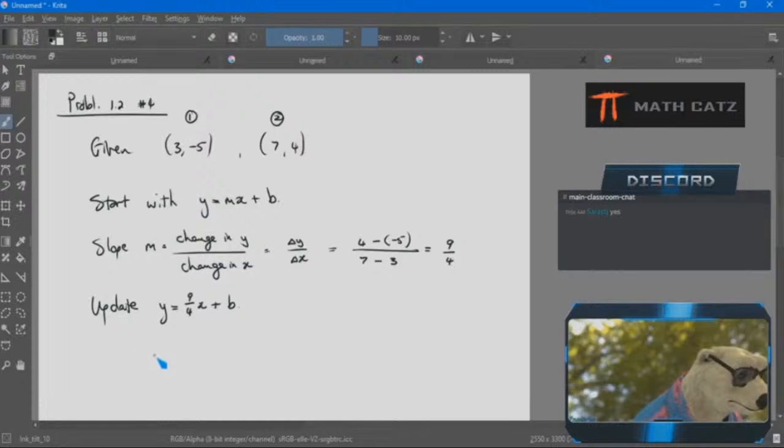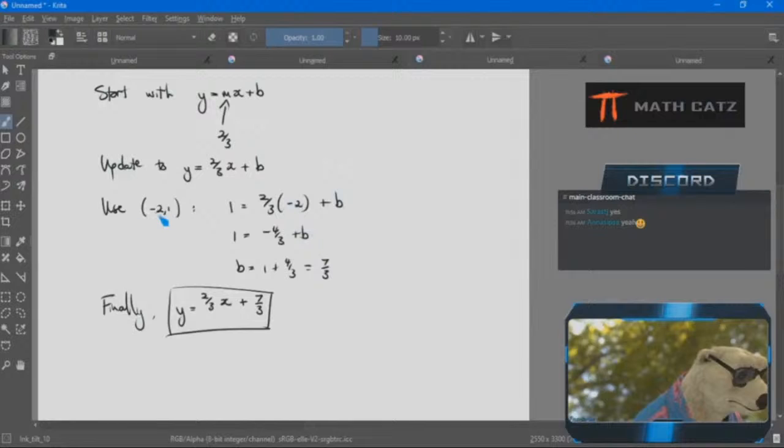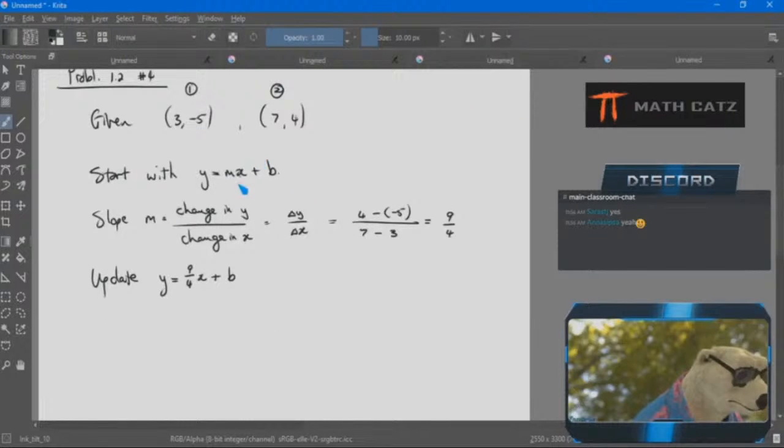Now I have to find the value of b. And I can use either point, just like we did last time. Use a point that has to satisfy the equation. I've just picked the one that looks nicest. I don't know which one really looks nicest. 1 or 2, they both look unpleasant.